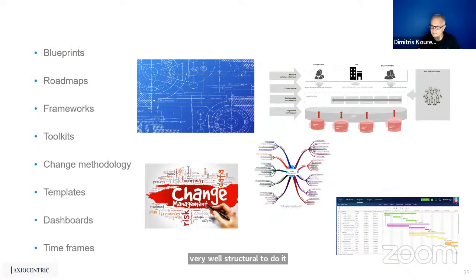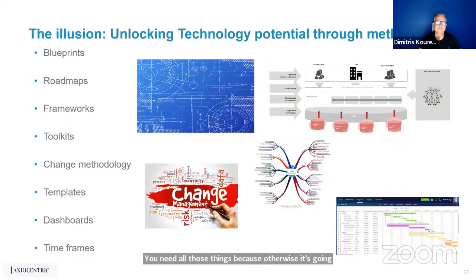You need all those things because otherwise it's going to be a mess. But it's not enough. That's an illusion, that if you set up all those things together, you will manage to be successful in your transformation.